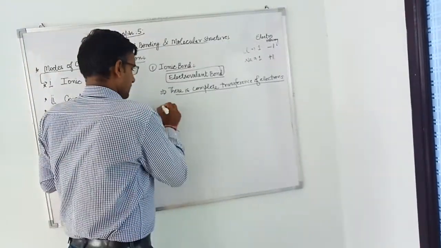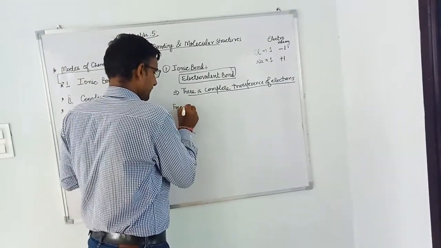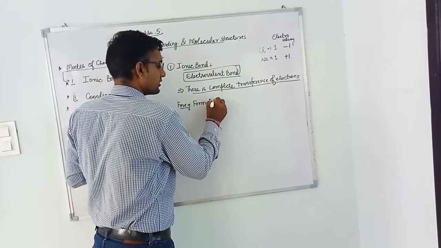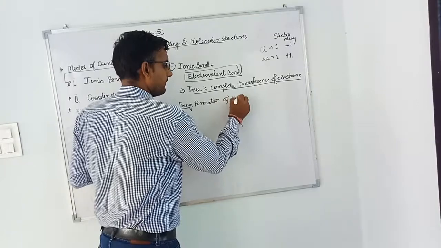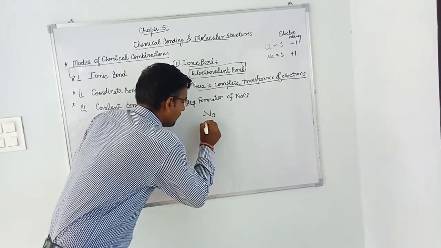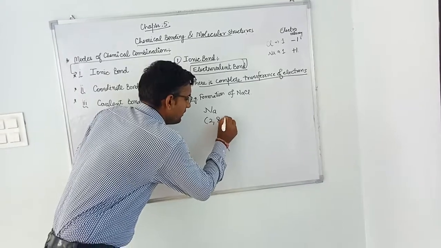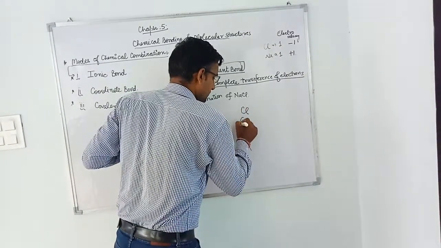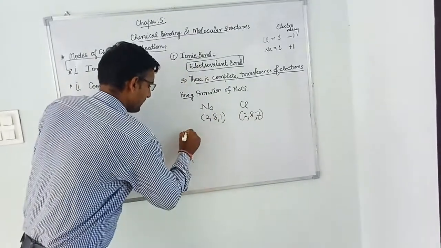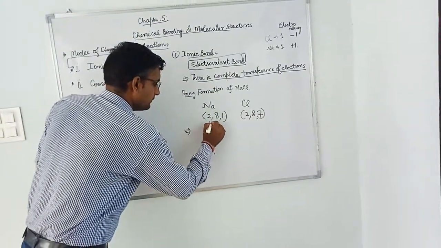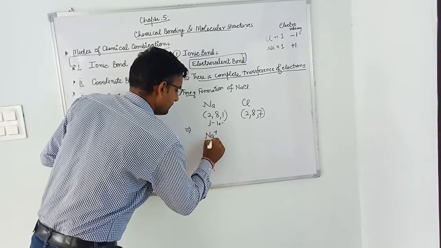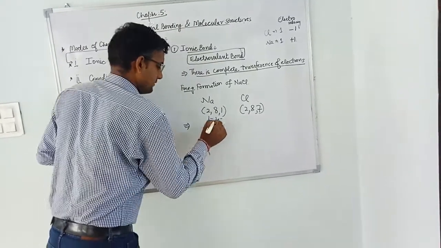So, for example, we have the formation of NaCl. Sodium, configuration 2,8,1; chlorine, configuration 2,8,7. This implies after losing one electron, it becomes Na+ with 2,8.